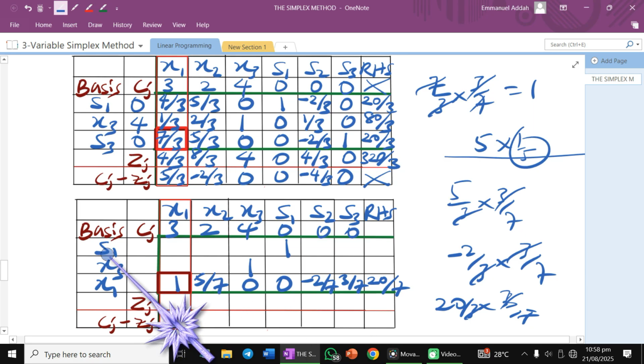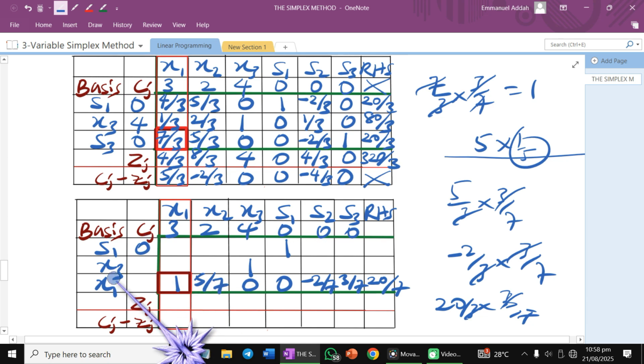Now ask yourself, S1, remember, all the slack variables, S1, S2, S3, have a value of 0 on the CJ row. So S1 here, on the CJ row, has a value of 0.